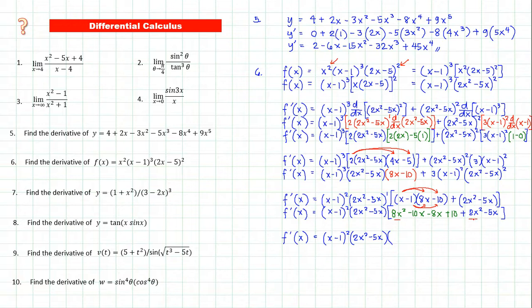So that will become, nakalimutan ko pala yung 3, sorry. Ito, yung ating factor dito, may naiwang 3 dyan. Kaya naman, pag ating i-distribute yan dito, dapat ito ay maging 6x. 6x, ito naman ay 15. So ito ay 6x squared minus 15x.